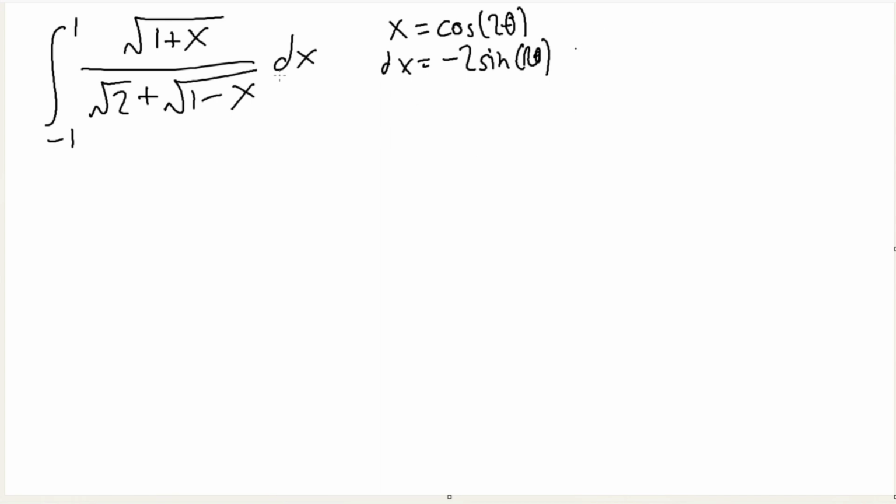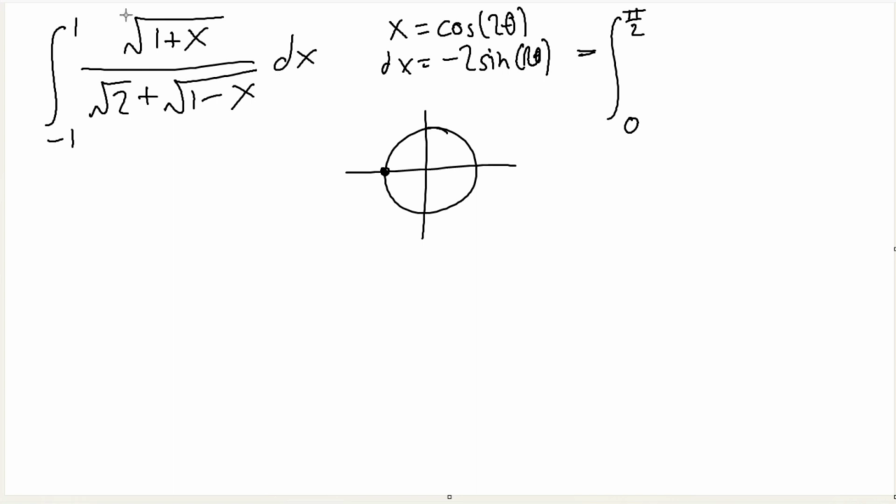Alright, let's use it. So then our bounds, see 1 is here, so I would need 0. I'll use the negative to switch the bounds. If I need negative 1, in order to have negative 1, I need what? Pi. So this would need to be pi over 2. Alright.